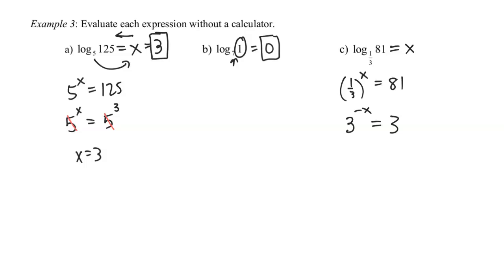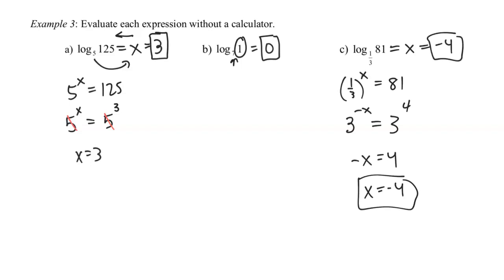Well, 3 to the second is 9, 3 to the third is 27. If you multiply by 3 one more time, you get 81, so that would be 3 to the fourth. Now that those bases are the same, you can cancel them and set their exponents equal, so x is going to equal -4, which means the answer to this expression is -4.